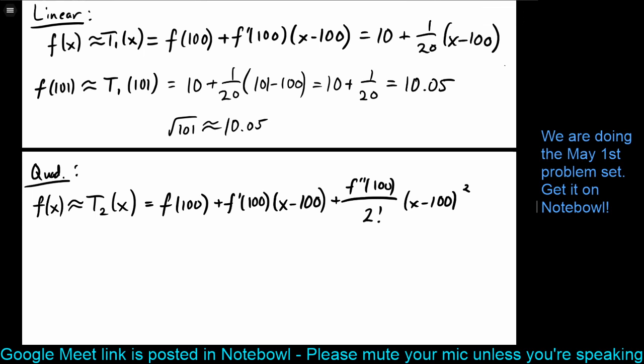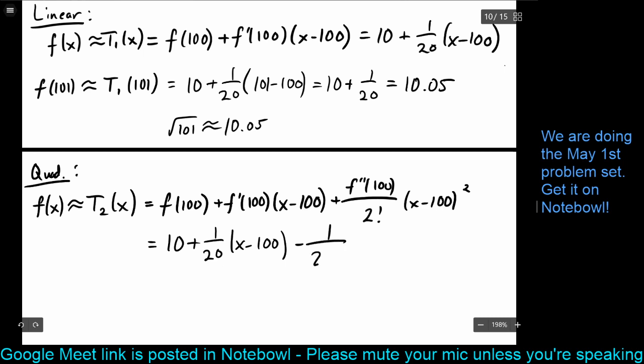Right. So let's plug in all this stuff, and you'll see we get 10 plus 1 over 20 times x minus 100 plus, let's see, what was this? This was negative 1 over 4,000. So this is minus 1 over 8,000 times x minus 100 squared.